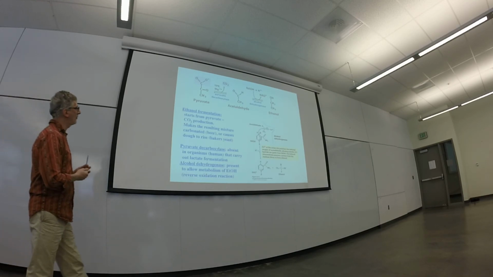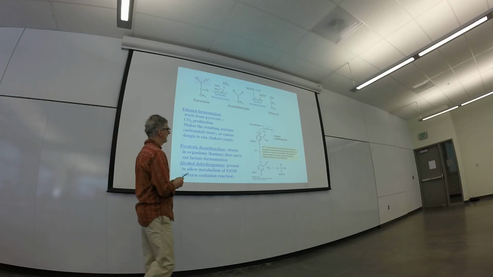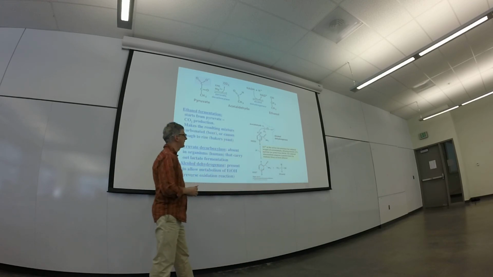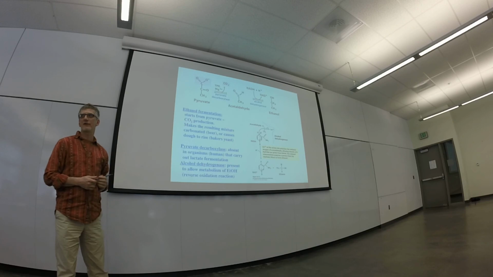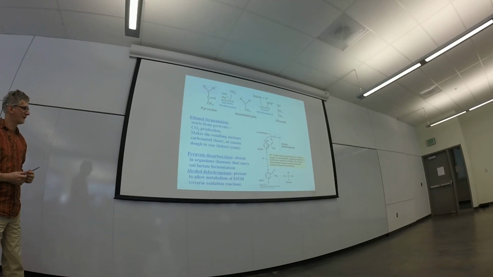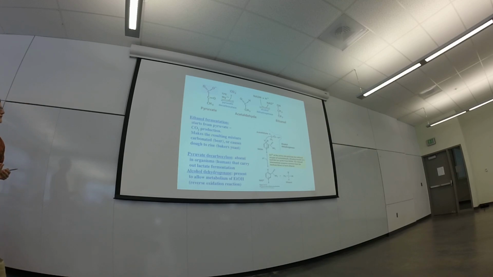In alcohol dehydrogenase, which is the enzyme here, rather than histidine, the electrons on acetaldehyde go on an oxygen and get stabilized by the zinc ion in the active site. So we can have different mechanisms here. But we've got pyruvate in this case.